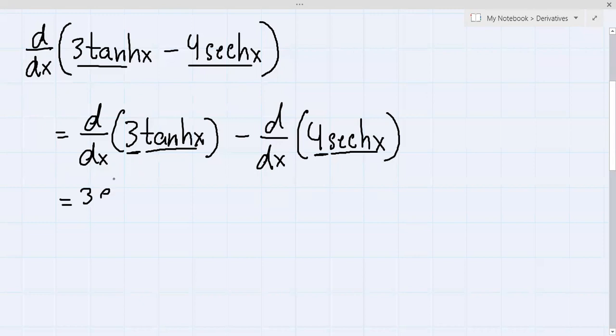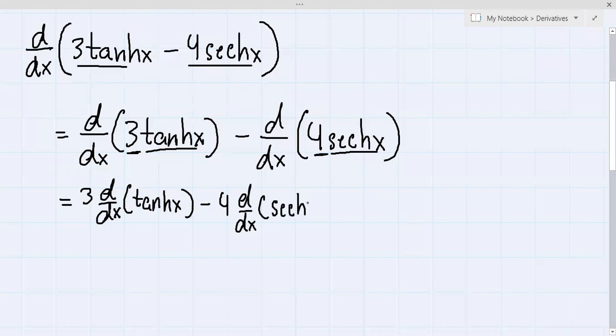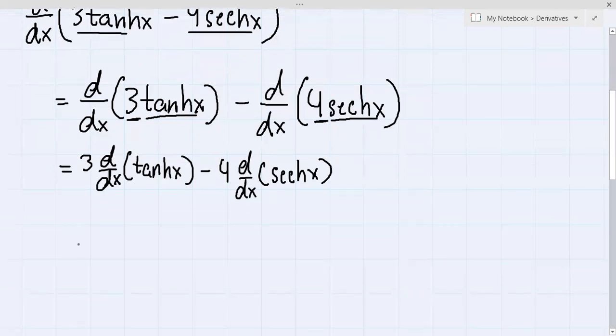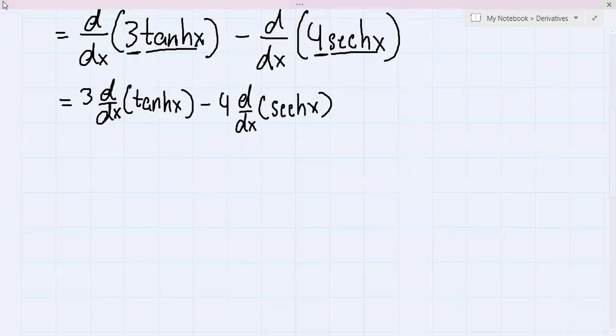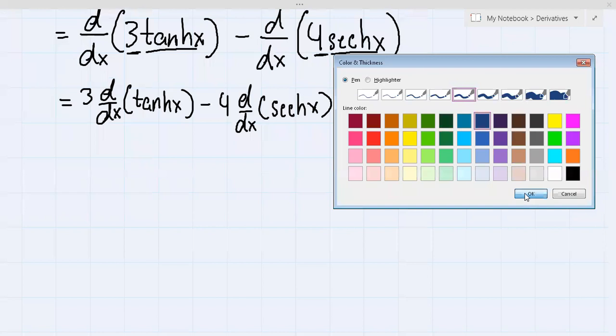Hence, magiging 3 times the derivative of hyperbolic tangent x or tangent hx na lang minus 4 times the derivative of secant hx. Ayan. But at least it's readable.